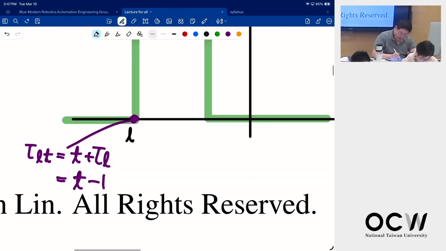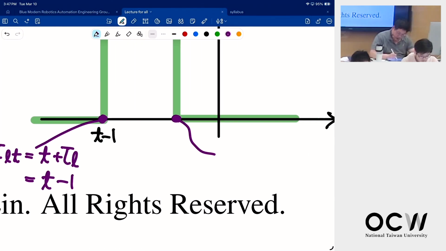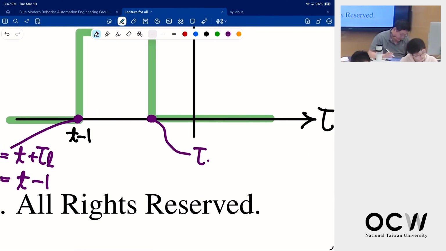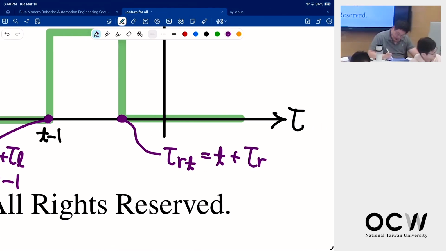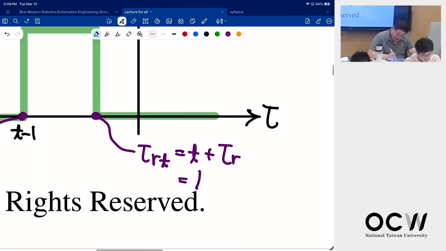So here we have t minus 1. And for this point, tau right and t, that's t plus tau right, so it's t plus 0. So here it should be t.